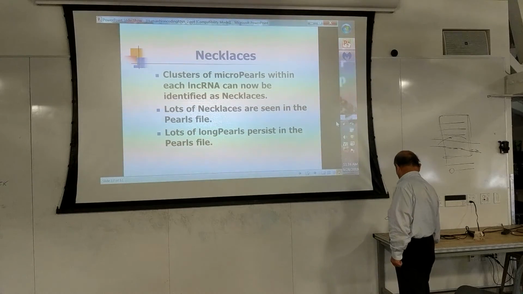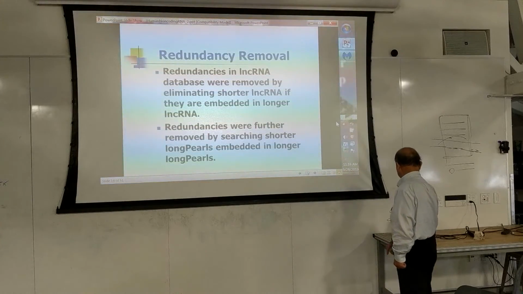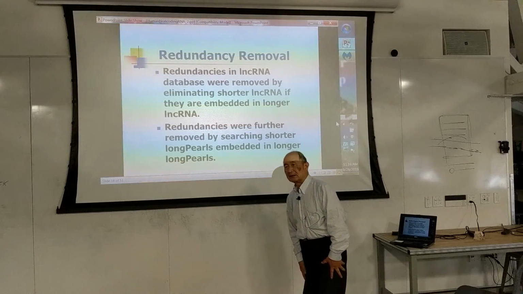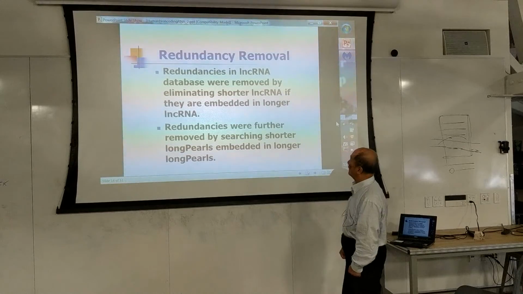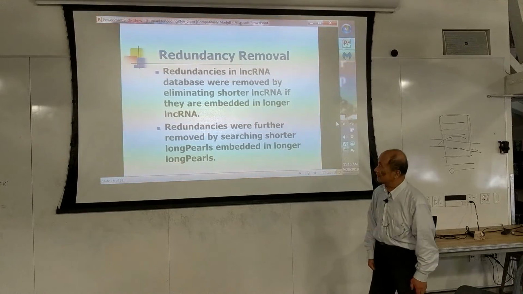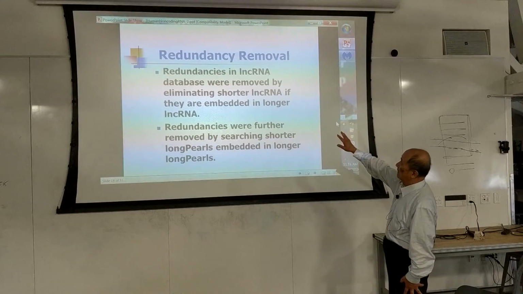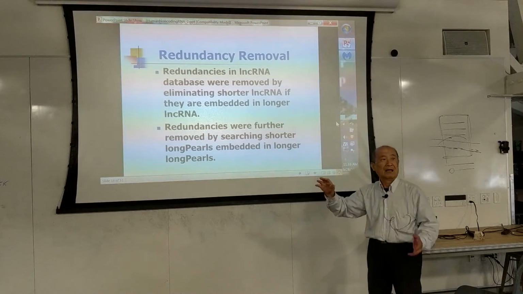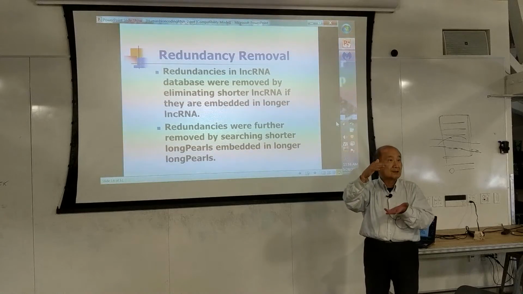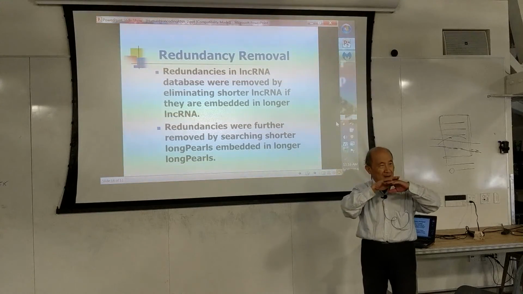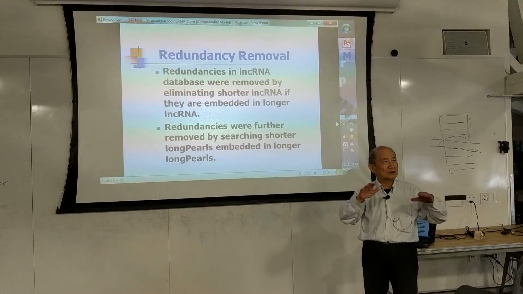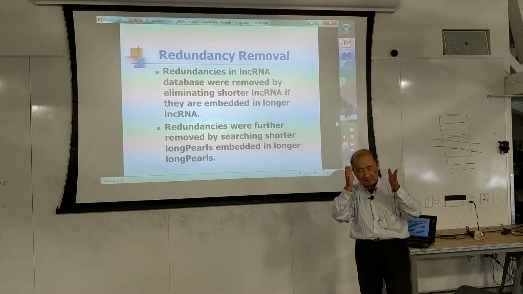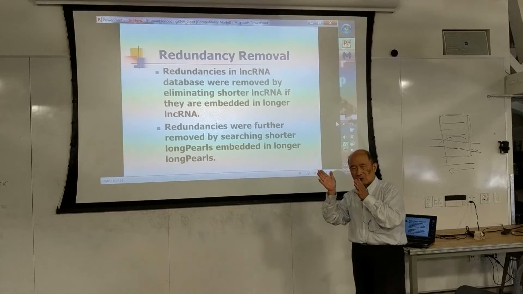So it's important to remove redundancy in the data file. And I thought, in the long non-coding RNA database, I talk about how to remove redundancy there. So I can delete all the repeats, all the duplicates, and then I would search for a duplication of shorter RNA in longer RNA.